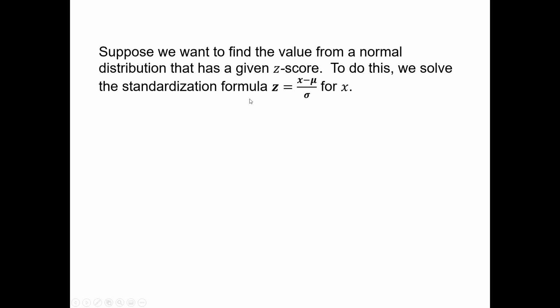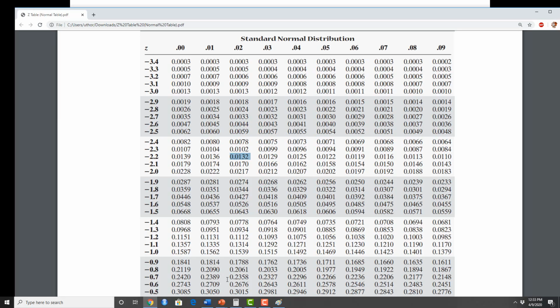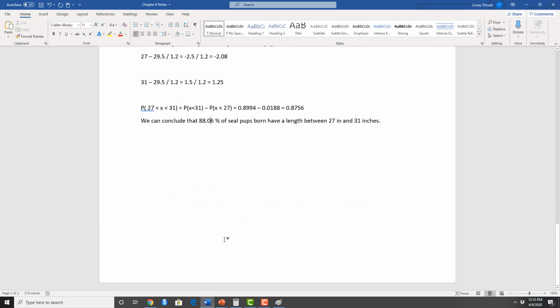So suppose we wanted to find a value from a normal distribution that has a given z-score. To do this, we solve the standardization formula z equals x minus mu divided by sigma for x. So I'm going to do this in Word for you. This is just a general formula, converting the z-score formula to solving for x.